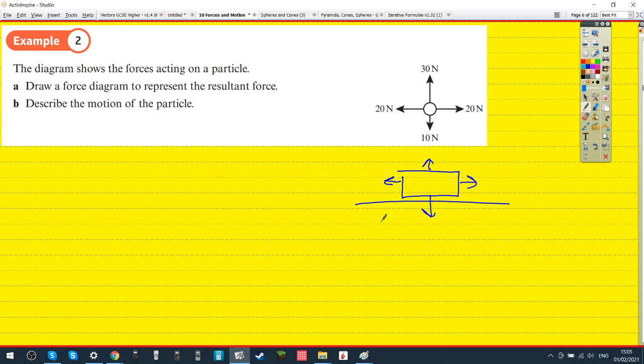Why is that? Because for the previous answer we assumed it was moving right. For this one, oh, will it be that it's moving upwards actually? Yeah. With how much force? 20 newtons upwards. Yeah.